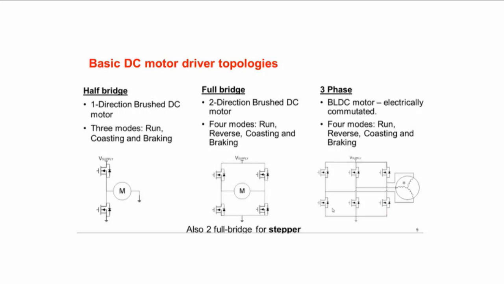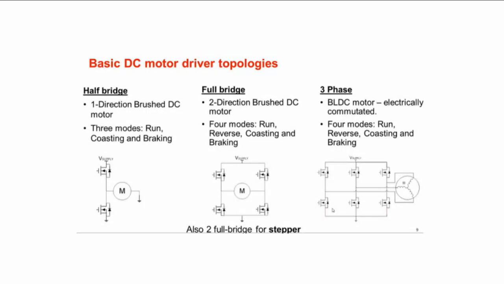I will refer to half bridge or full bridge or three phase, and these are various ways of turning on switches. You can remember from the power electronics course, semiconductor switches. On your screen, you are seeing a MOSFET as a switch. In these diagrams, we can see field effect transistor, MOSFET, IGBT, which are ways to make a switch. With a half bridge, basically, you can drive a single brush motor in a single direction.